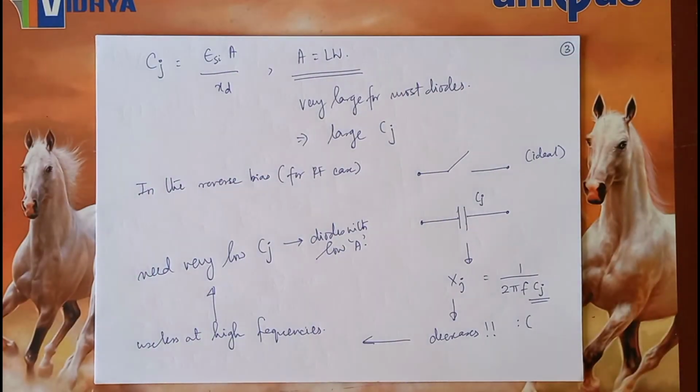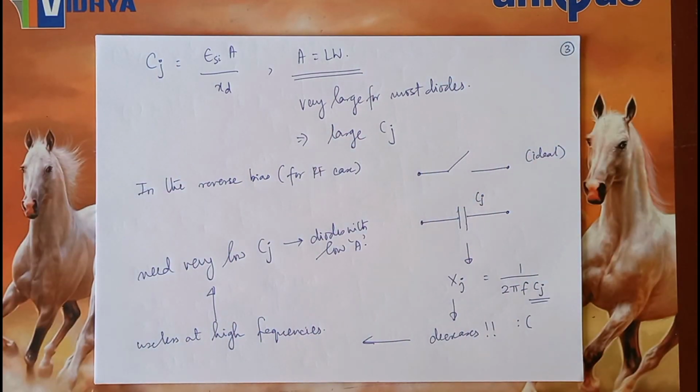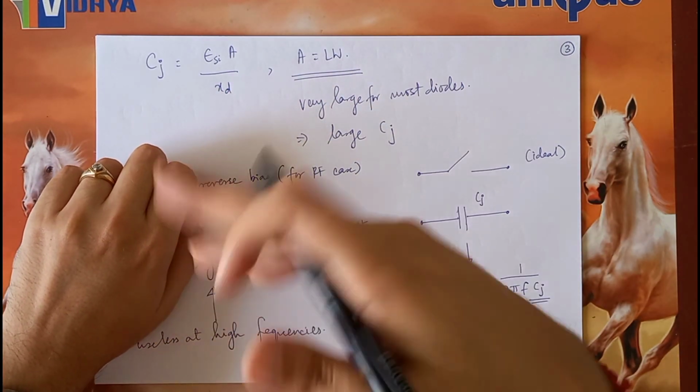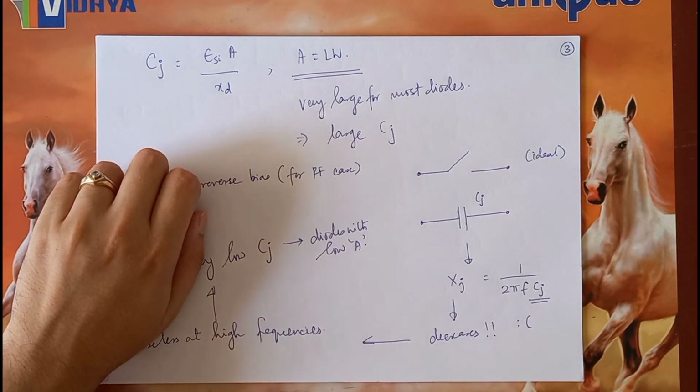But for the capacitance to become sufficiently low, you need to give a pretty high reverse bias. To make Xd high, you need a pretty high reverse bias. Now that is again another problem. What if we don't have that kind of a voltage source available with us?